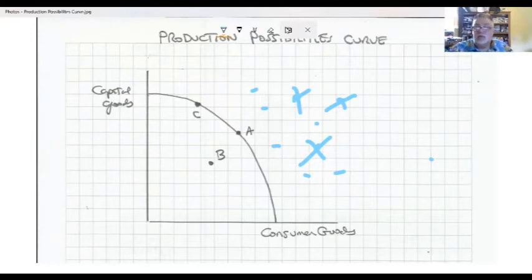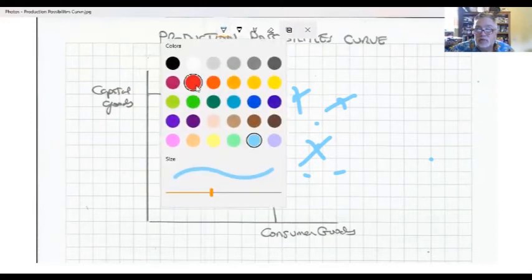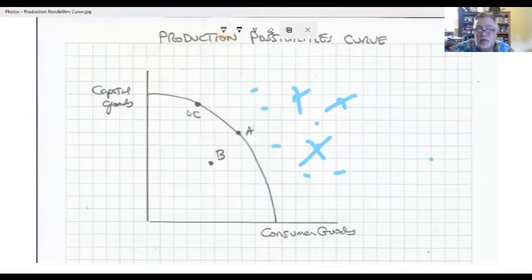So if we take a look at the trade-off here, now let me see if I can change my ink here to a different color. If you look at this level of production here, at this level of capital goods, you have this level of consumer goods.